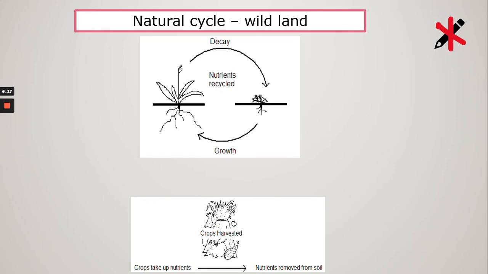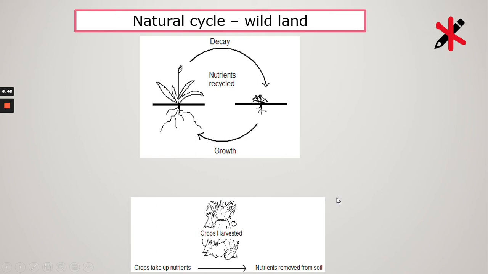Now, normally, when we've got wild land, we have a kind of cycle of growth and decay. What that means is that when a plant uses nutrients up from the soil, they will get depleted a little bit, but then when the plant dies, the bacteria in the soil will break this plant back down into all of its original components, and all of those nutrients will be recycled. So we've got this cycle here.